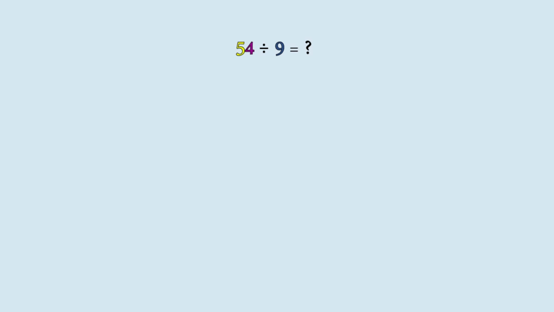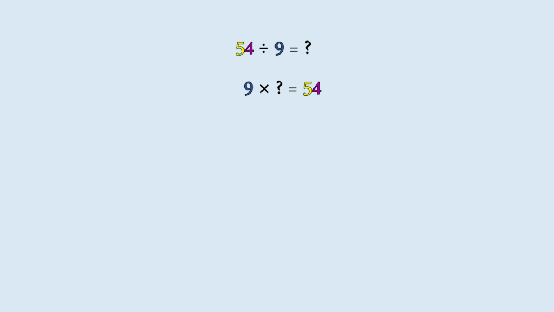First, write down the dividing problem as an equation with a question mark and tell your child that it means 54 divided by 9 equals I don't know. Then explain that you can write the same problem as a multiplying problem, and the answer will be the same. Write the multiplying problem and tell your child that it says 9 times I don't know equals 54.